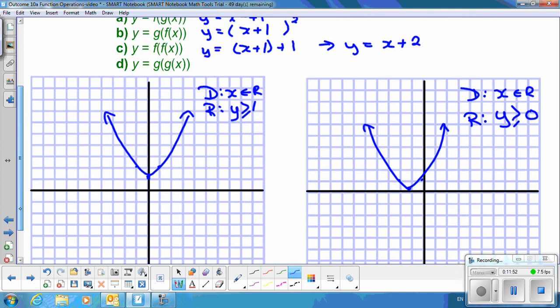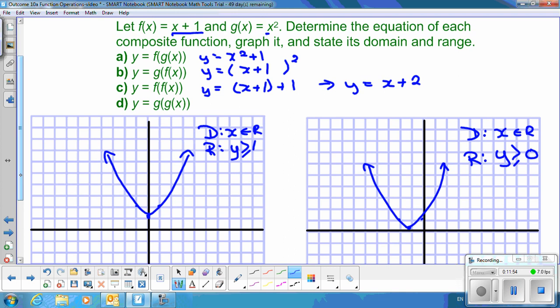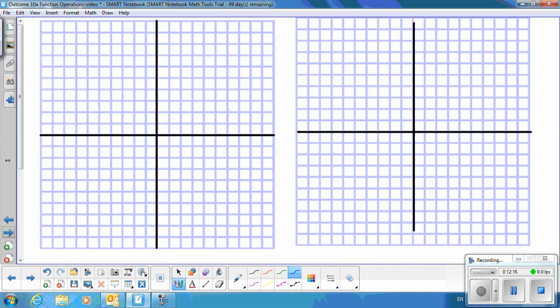Y equals x plus 2 is going to be a straight line. We'll graph that one in a minute. Let's figure out the equation for part D as well. G of g of x means we're going to put in x squared into g. And so we end up with y equals x squared, all squared, or y equals x to the power of 4. Let's have a look at those two graphs.